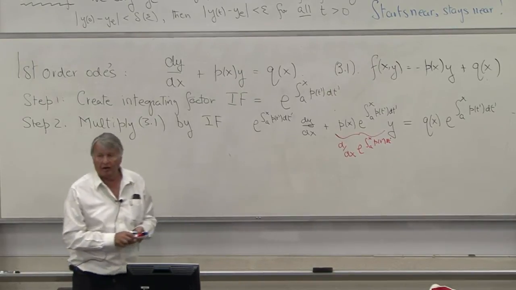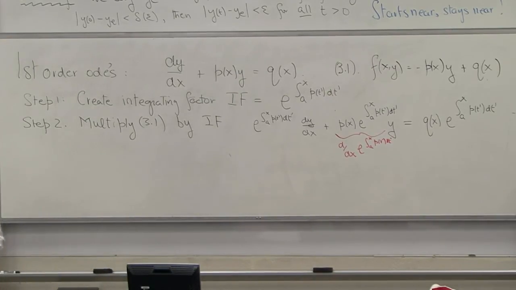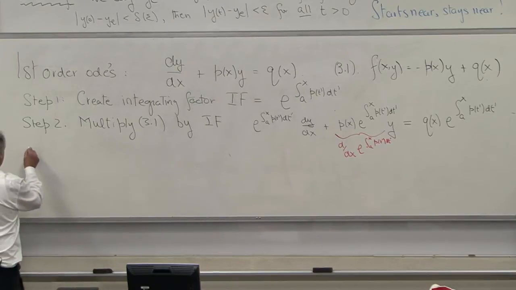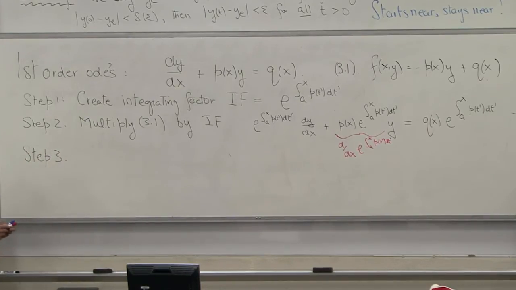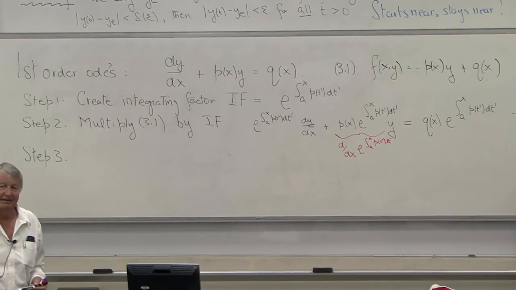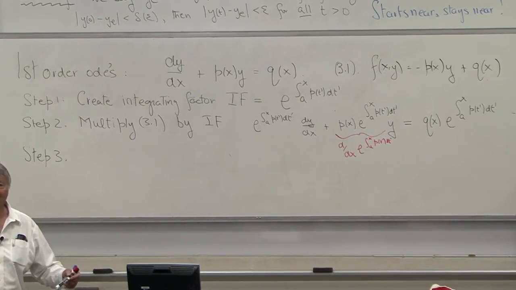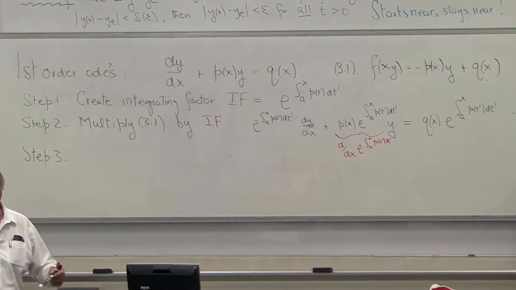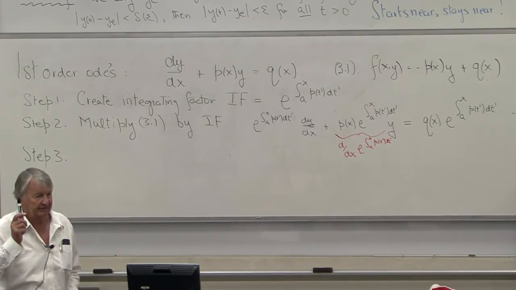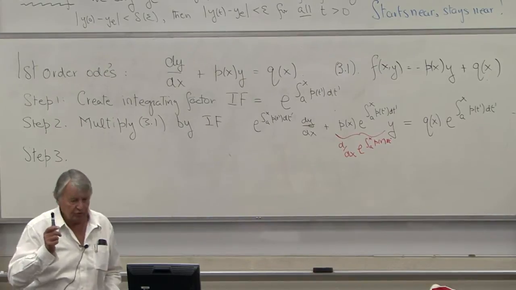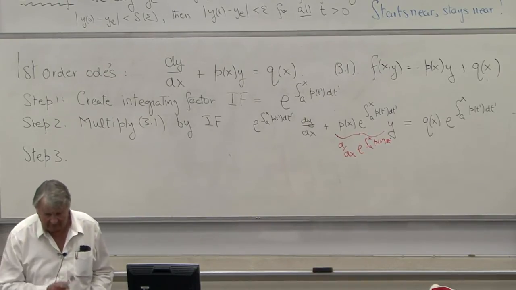Can anybody spot what's nice about the left-hand side? There's something nicer about it. Yes? What's the rule of the derivative of a product? d by dx of u times v is what?